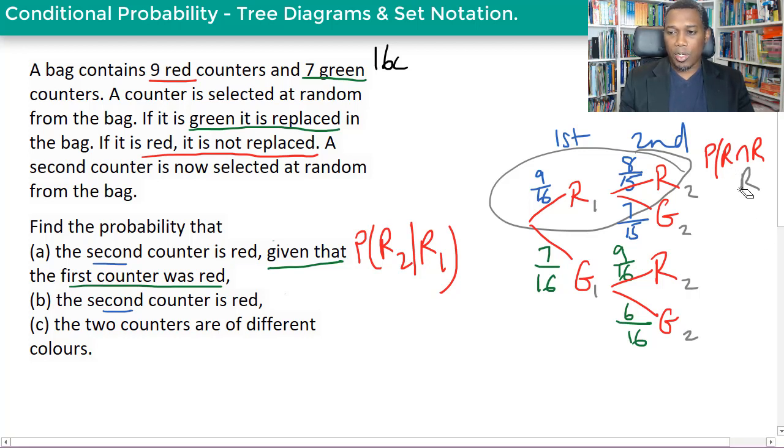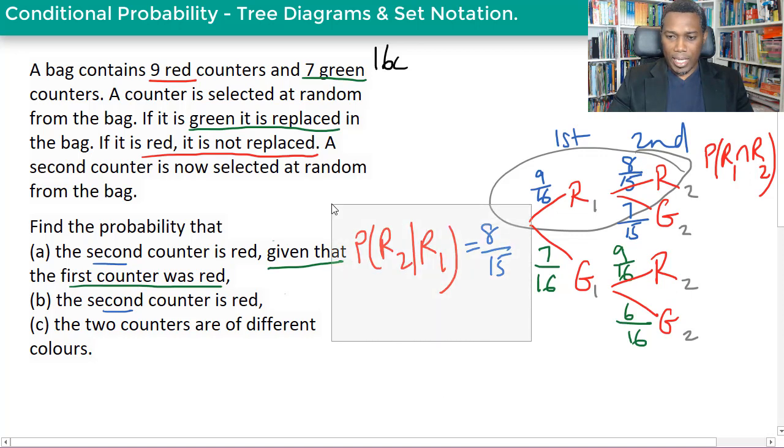If I change the notation, red 1 intersection red 2. That's what that probability is when you do the multiplication, red 1 and red 2. So where's the conditional probability? Well, the answer is going to be the 8 on 15. The answer is 8 on 15. That's the probability we're looking for.